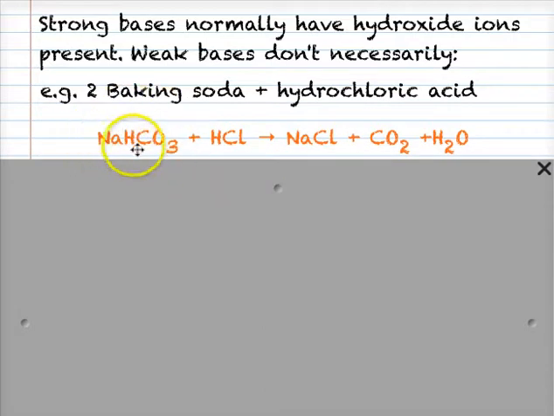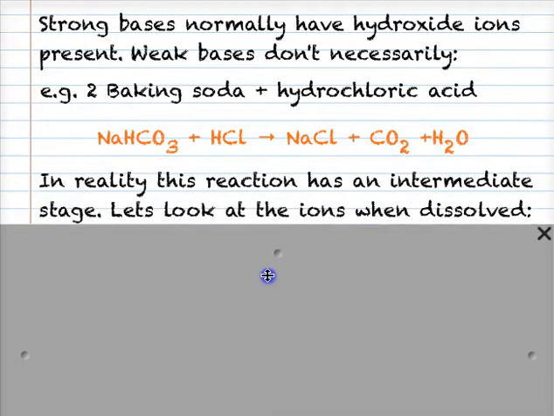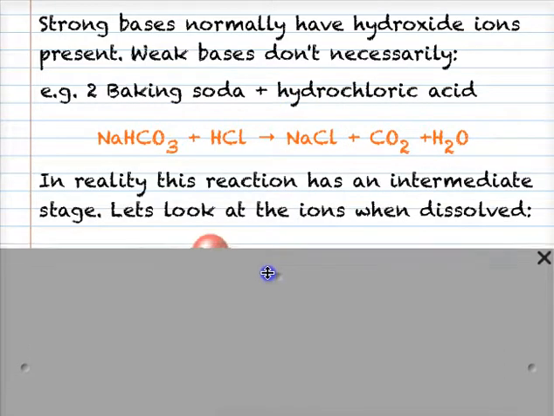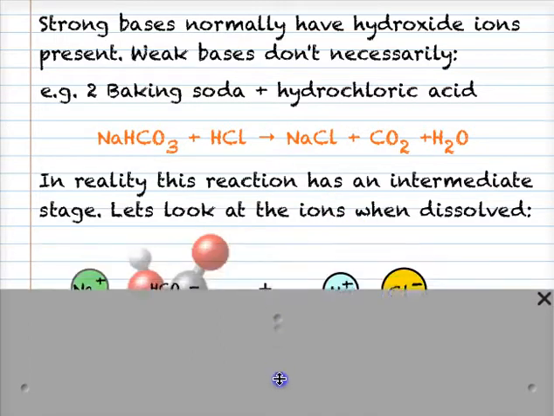This is the baking soda, sodium hydrogen carbonate, hydrochloric acid, and we know that gives us sodium chloride, carbon dioxide and water. But in reality there's actually an intermediate step, and it's useful to look at that intermediate step to see precisely what's going on.